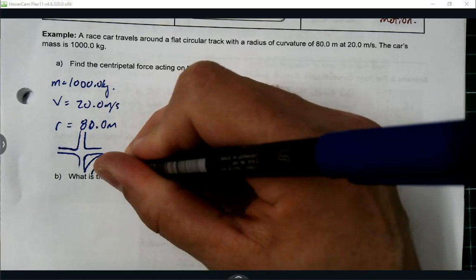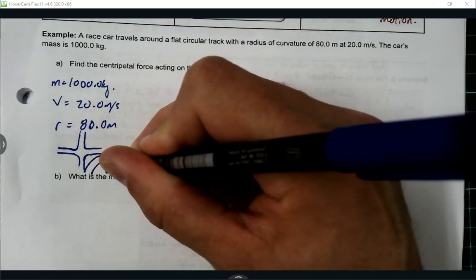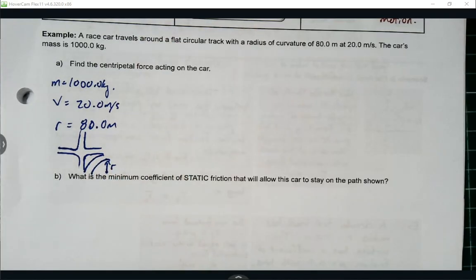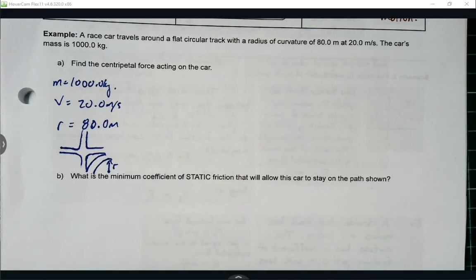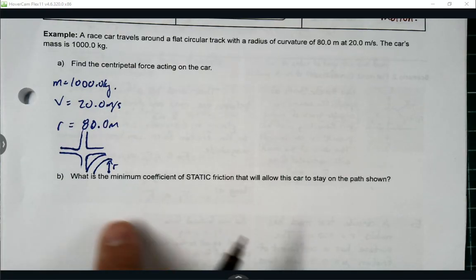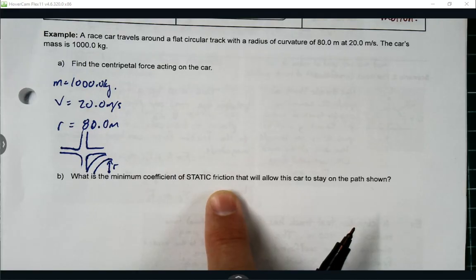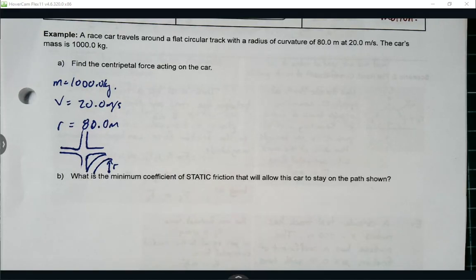And of course, those kinds of curvatures would have a radius. And so in terms of how we would use this kind of thing in urban planning or like looking about how the roads work, would be to maybe think first about what we're going to do right now, but then you notice part B, there's something to do with friction. So we might talk about what kind of traction would be required on the road. So let's do this step first though, okay?